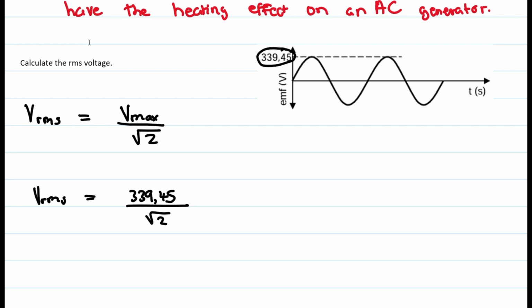This will give you a value of 240.02 volts. Remember, it's still voltage, so it is still in volts. And make sure your calculator is on degrees, not radians.